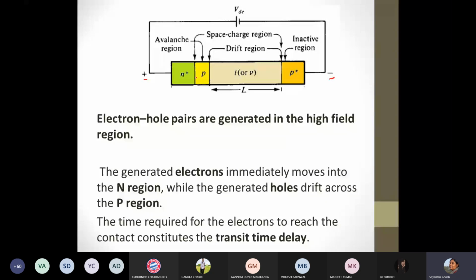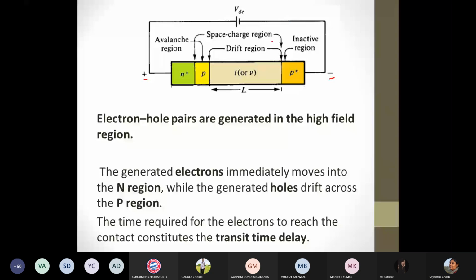So if I have the junction, the one side that I am sure of, I will connect that to the other side of the battery. So if I have an N+, I will connect that to plus. If I have a P+, and after that I have N, then for the P+ side, I will connect the negative side of the battery. Clear how to select the orientation of your DC battery? So this is the basic biasing that we need to do.